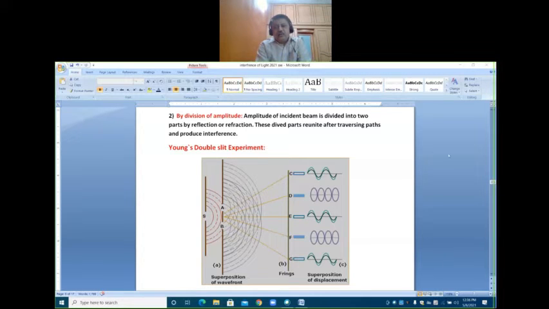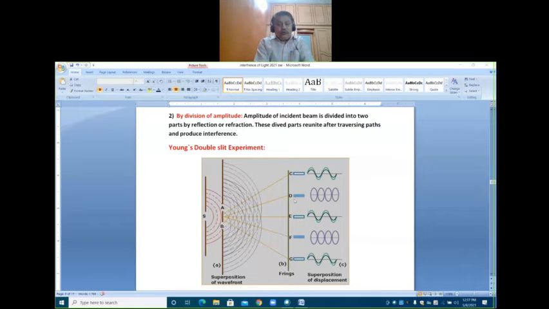Therefore, it is a bright point, because the light is reaching in phase.